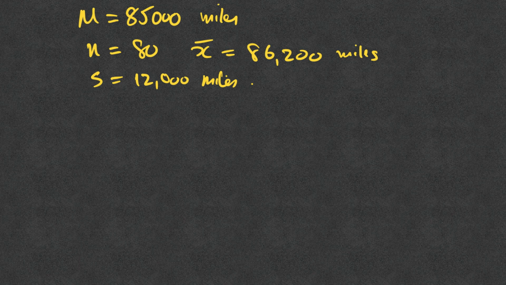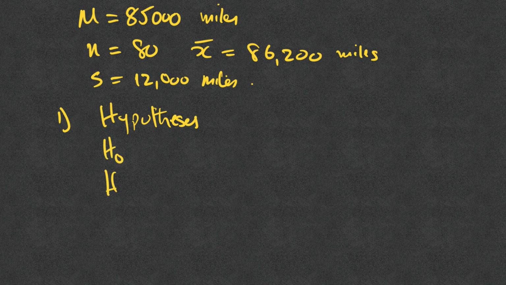So I'm going to do step 1. Hypotheses. So I like to start with HA first, which is the alternate, which is what we want to prove, and H0 is what we will assume is true, all right? So HA, what we're going to try to prove, we're not going to try to prove that it is 85,000.